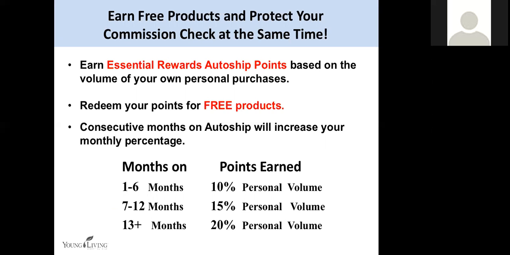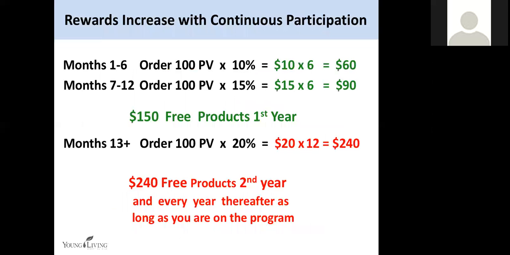And then here is a slide that shows the breakdown of what that computes into as far as a value that can be redeemed for product. You can see within the first 6 months, that totals up to roughly 60 PV. Within the next 6 months, it's a total of 90 PV.